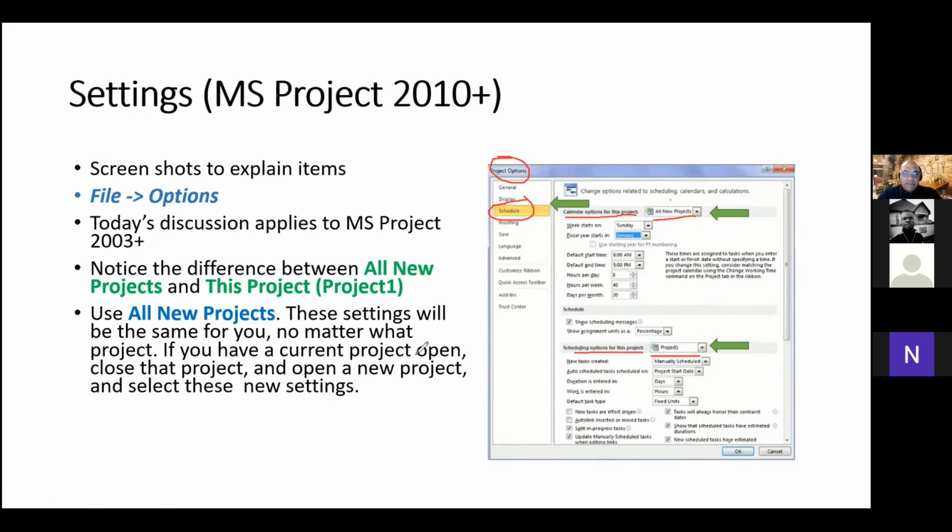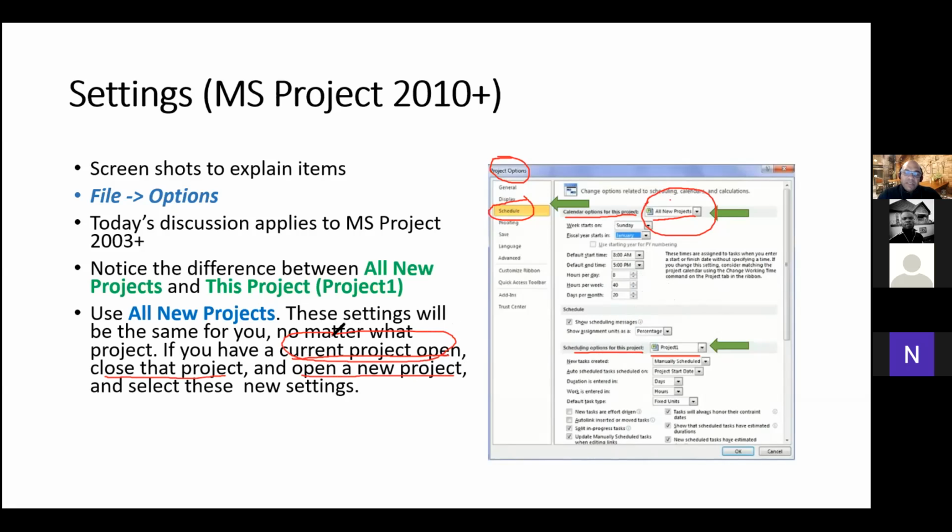In our case, we're going to use all new projects. What this means is that for every new project, these settings that we're going to keep will be the same. And if you have a current project open, you should close the project and open a new project, because your current project will have some old settings.